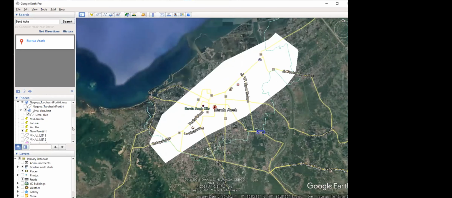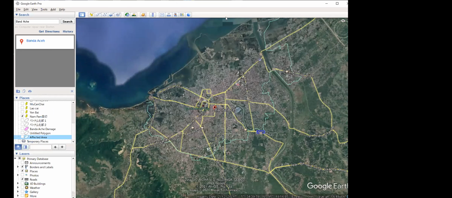So I have already done a test, but you can find some icon buttons, and maybe you can find the add polygon button.